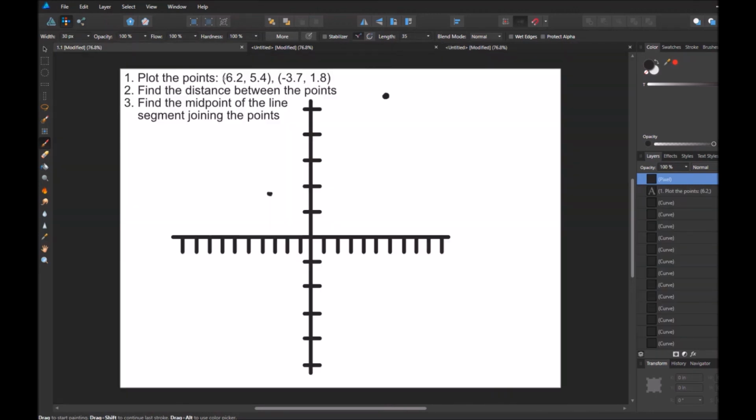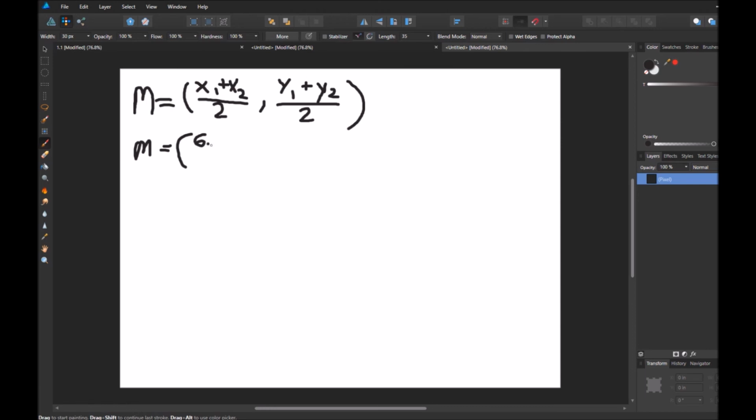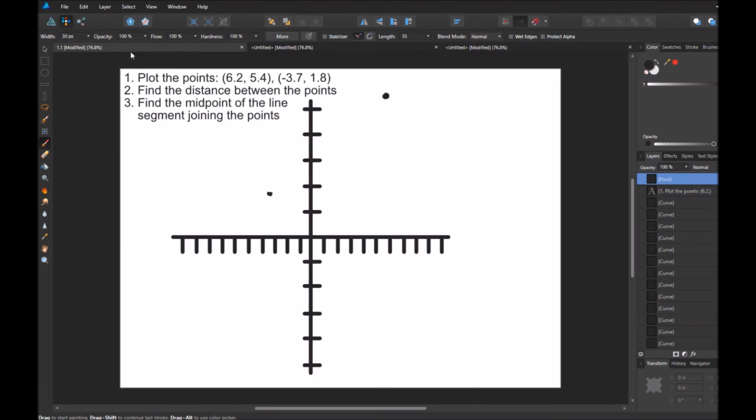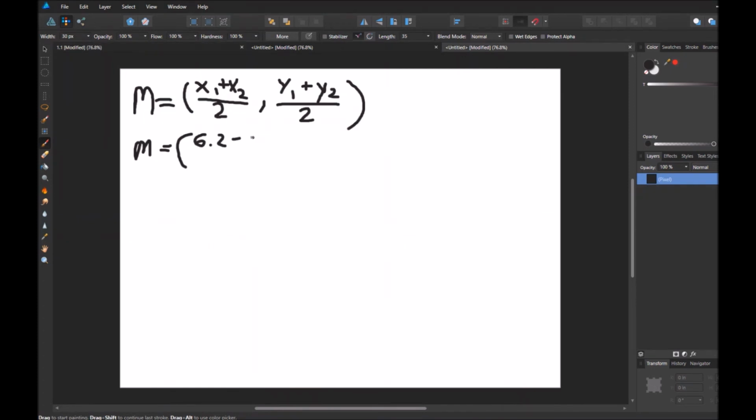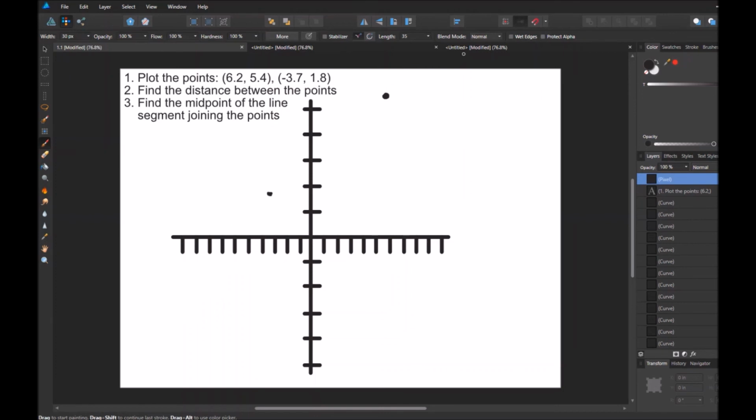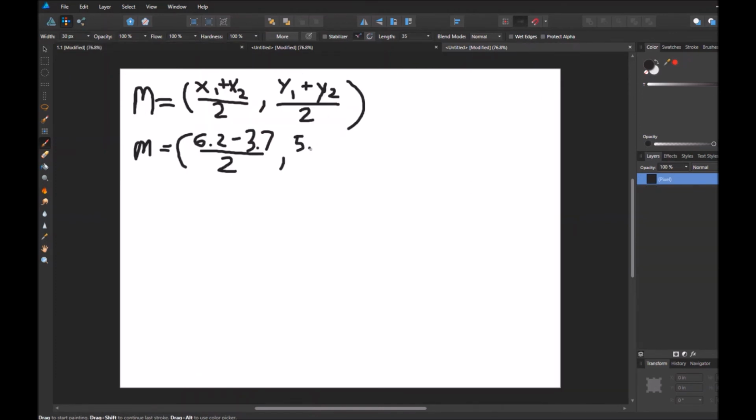So our x1 was 6.2, yep, 6.2 minus negative 3.7, so just minus 3.7 over 2, and y1 is 5.4, and y2 is 1.8, and that's going to be all over 2. And then 6.2 minus 3.7 is 2.5.